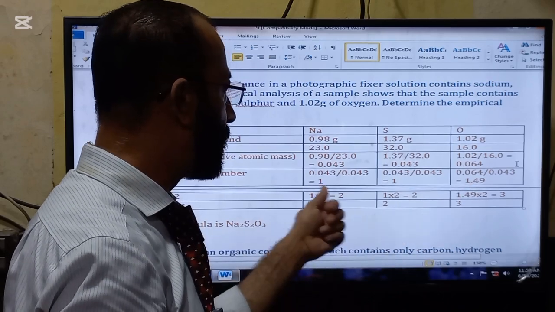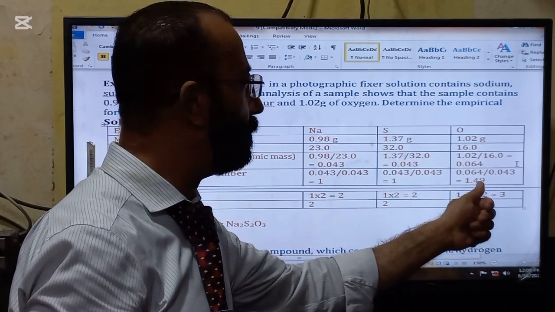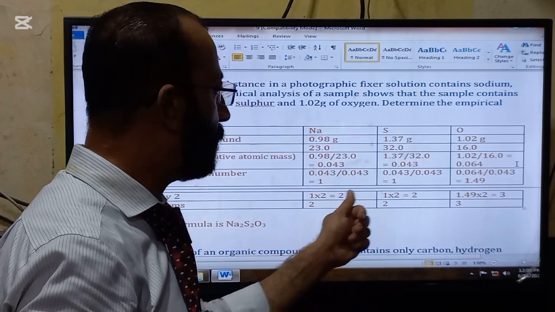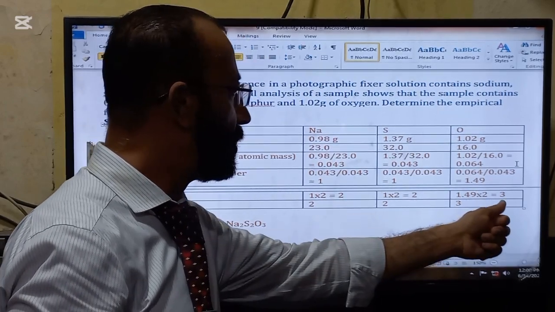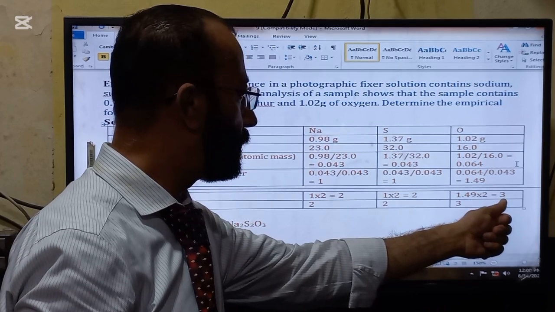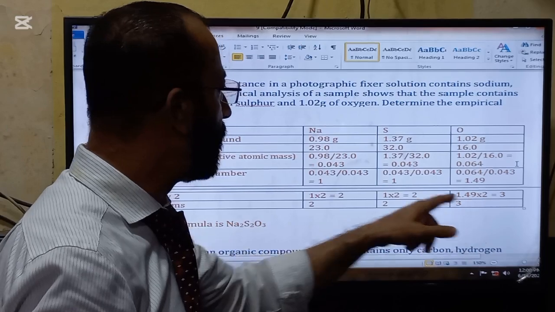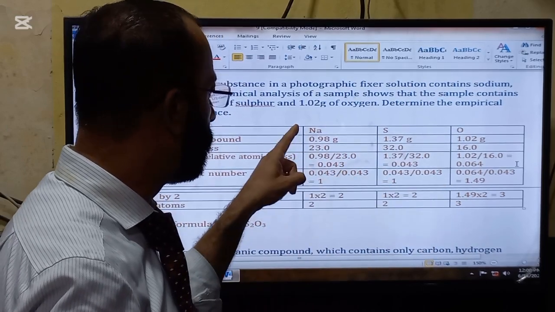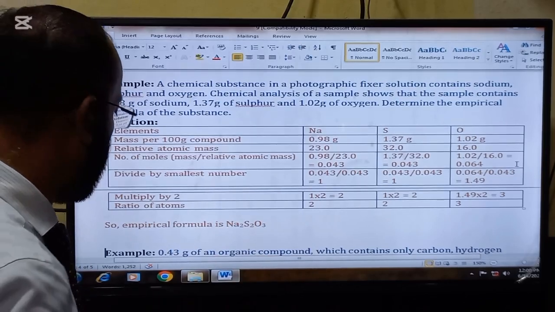But look, these numbers are not all whole numbers. So we will multiply by 2 to convert them into whole numbers. So these are multiplied by 2. So here is 3, 2 and 2. So now make these numbers the subscript of the atom. So Na2S2O3 is the empirical formula.